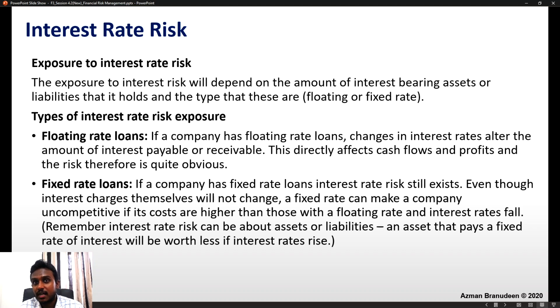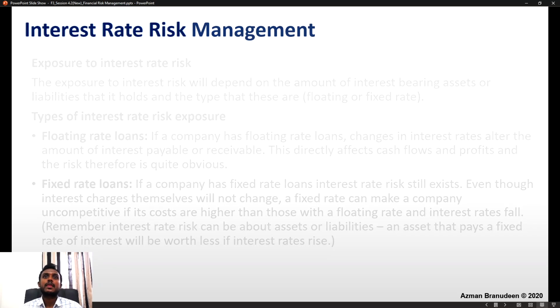Even though the charges themselves will not change, a fixed rate can make a company uncompetitive if the costs are higher than those with a floating rate. In such a situation, if interest rates fall, the floating rate bearing companies are in a better position than the company that has fixed rate loans. That is where the risk exposure lies.